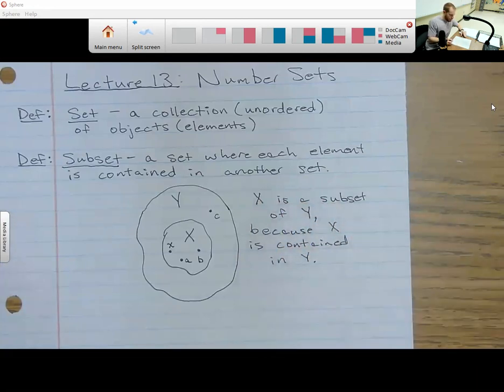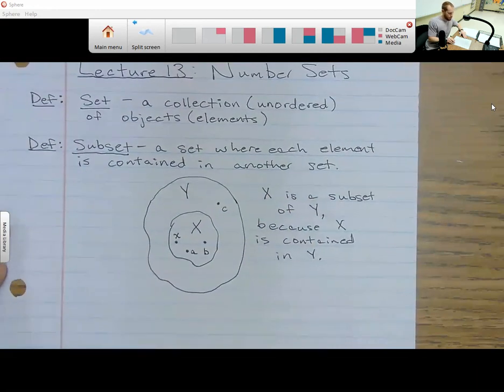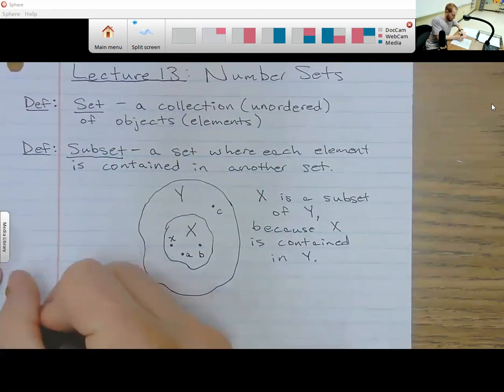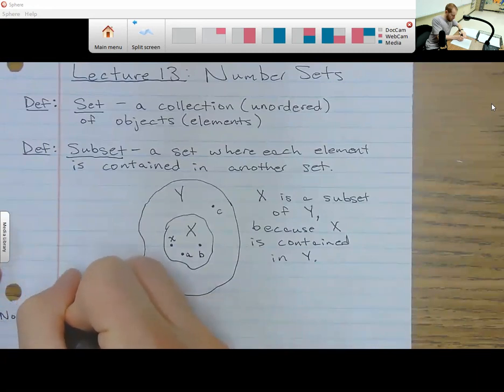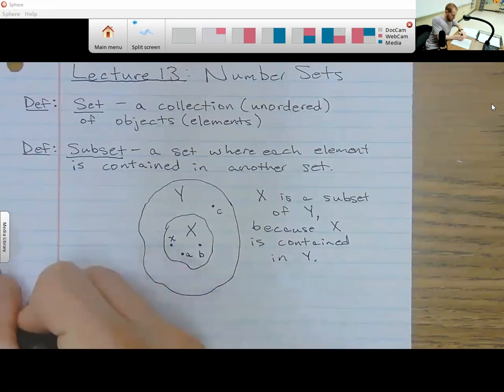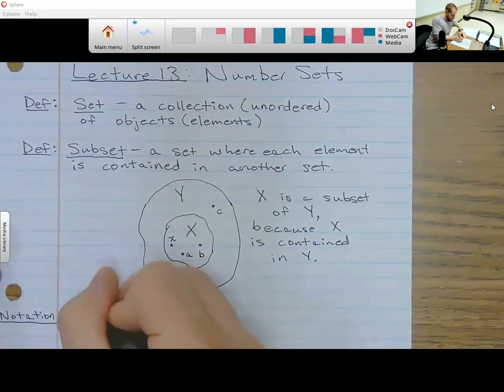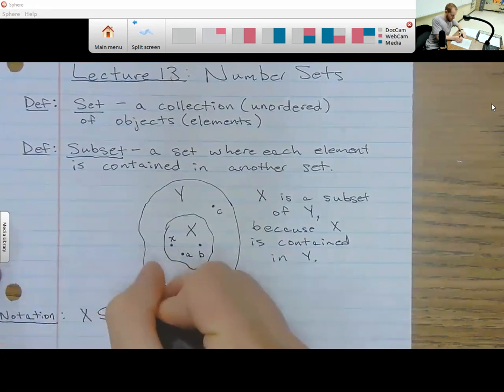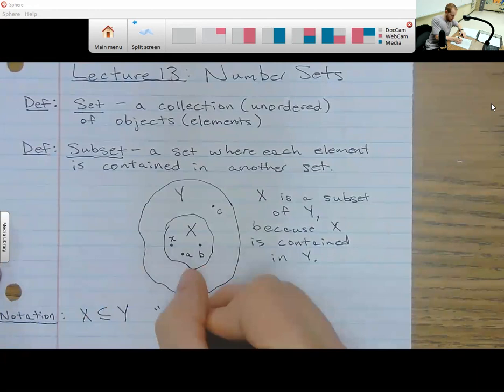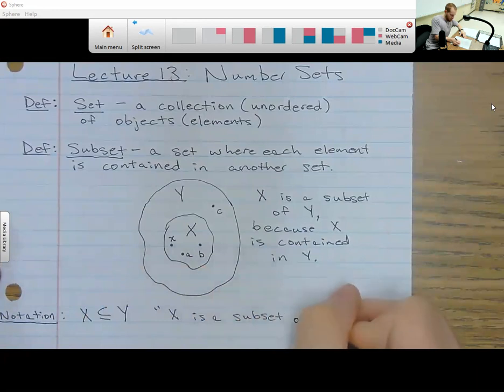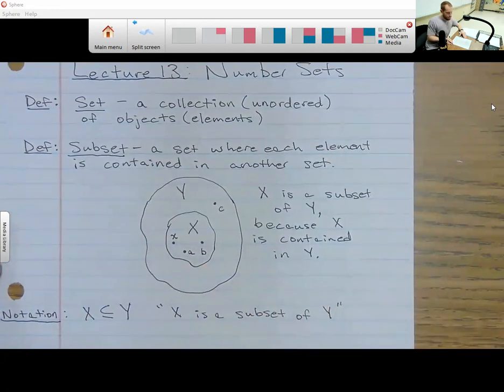And the way we write this in our notation is we're going to write it as X is a subset of Y. So that's the way we write it.